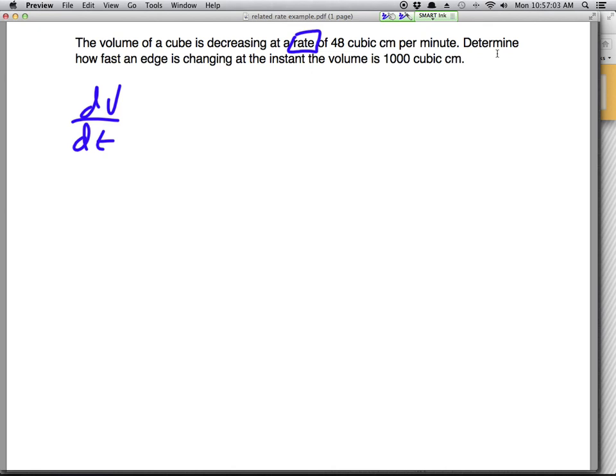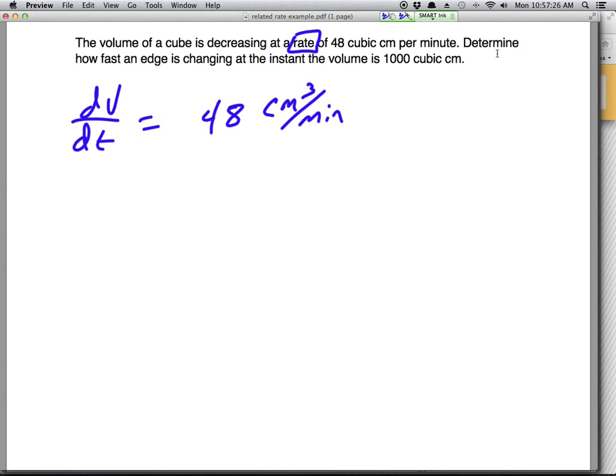Now they said the volume of a cube is decreasing at a rate of 48 cubic centimeters per minute. So I've got 48 centimeters cubed per minute. And that should make sense because if it's dV, what should my units be? It should be something cubed, and dt should be in my time.